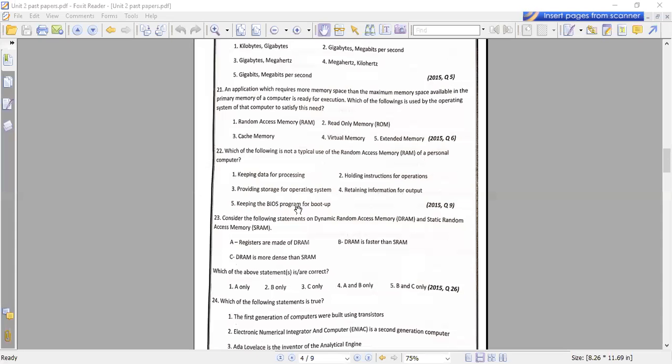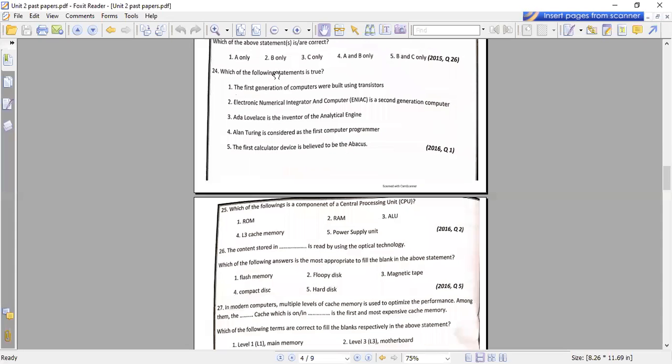We'll go from 24 to 25. Which one of the statements is true? The first generation computer was built by using transistors. That is wrong. The Electronic Numerical Integrator ENIAC is second... No, that's also wrong.